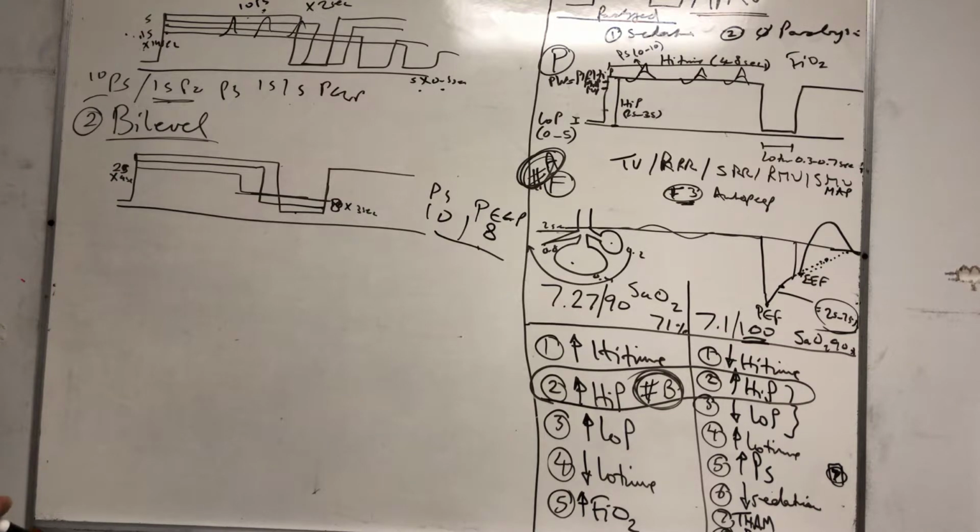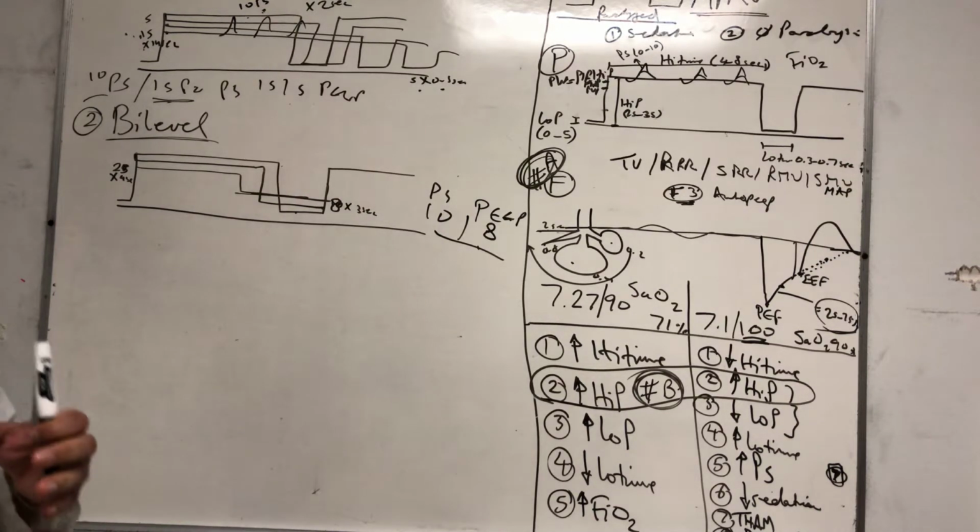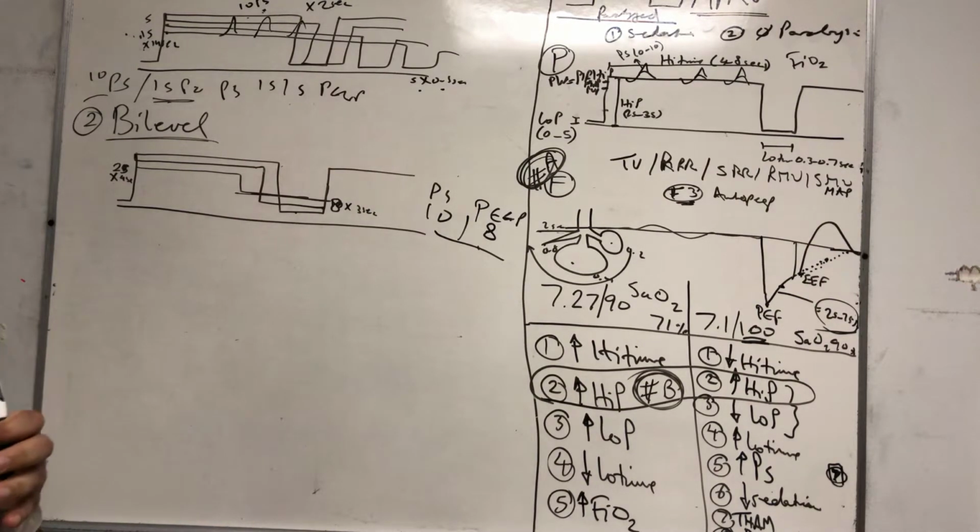Which brings me to, what's the difference between APRV and bi-level? Unfortunately, most vents, actually all vents, have APRV and bi-level as the same mode. So in order to get them, you have to press the same button, which confuses people, right? Because APRV and bi-level cannot be more different from each other in what they mean for the patient, for the lung, and in the characteristics and physiology and all this.